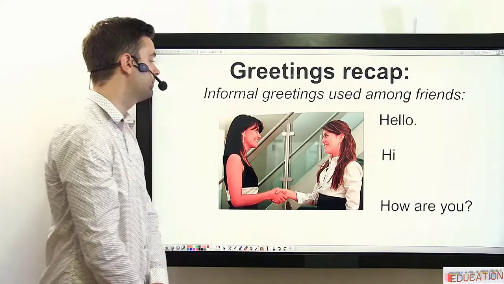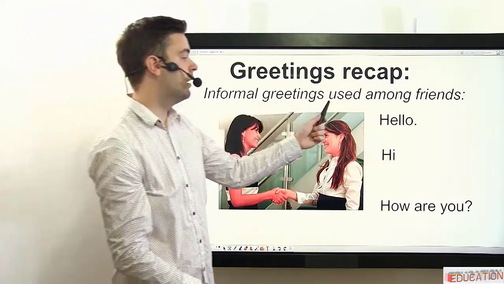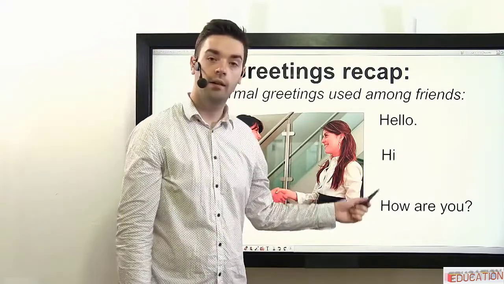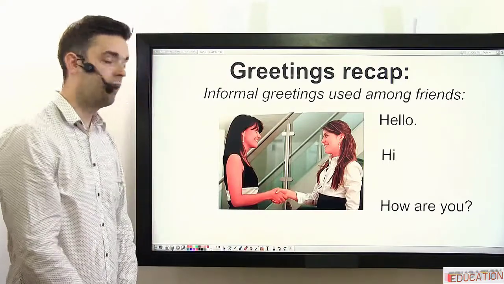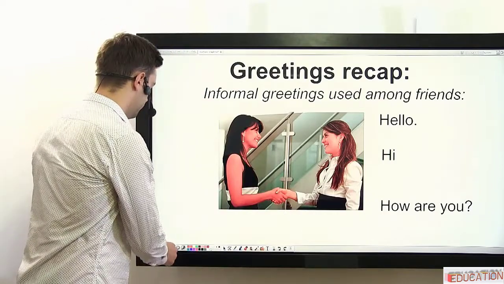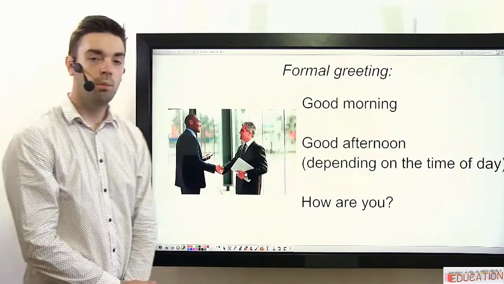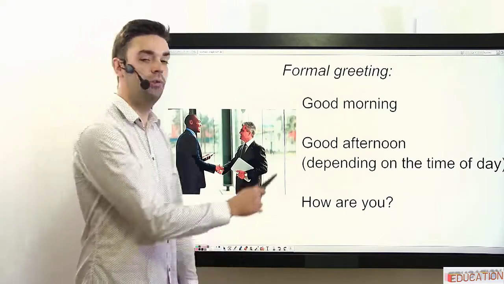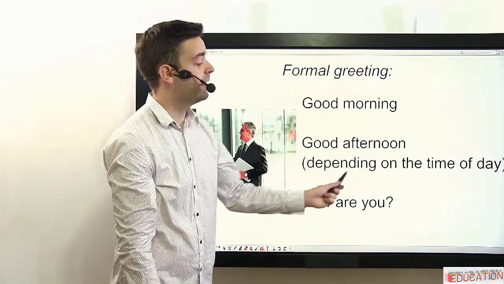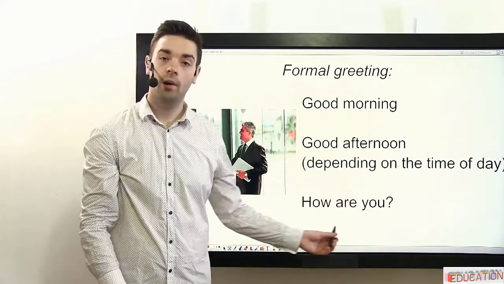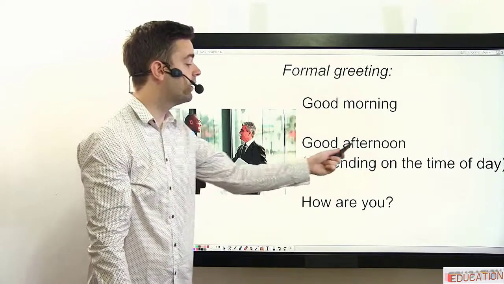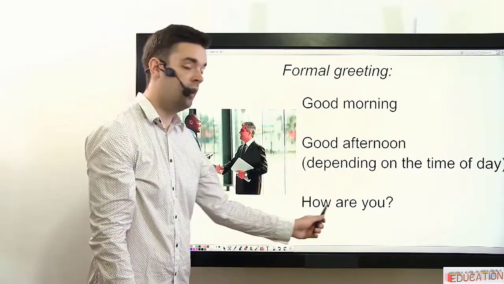So let's recap. Informal greetings are used among friends. These include hello, hi, how are you? Formal greetings include good morning, good afternoon, depending on the time of day, and how are you?